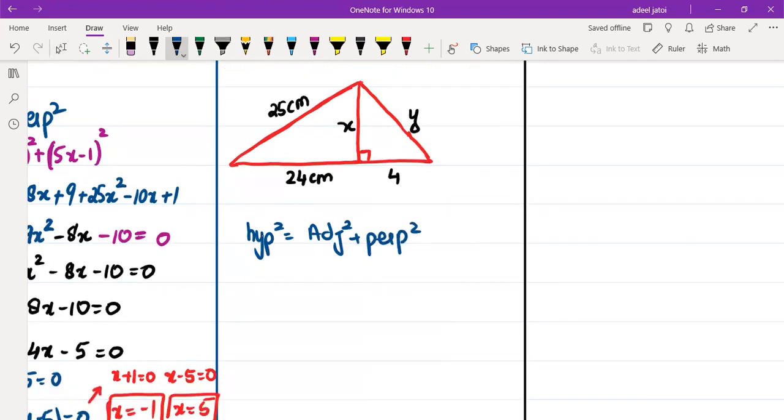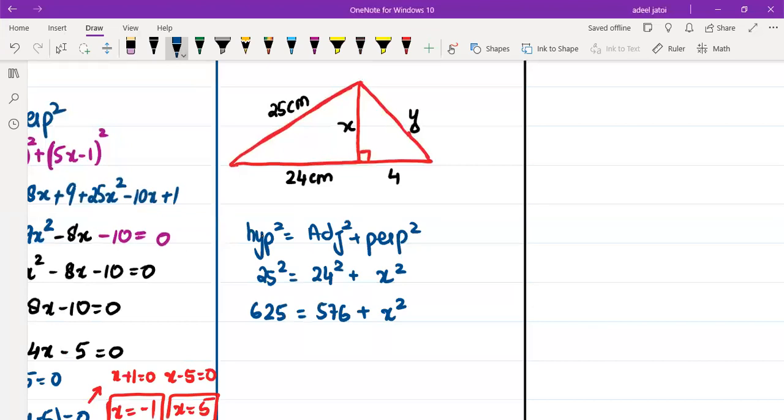Now, this means this is 25 square, 24 square plus x square. The value of 25 square is 625, and the value of 24 square is 576. So plus x square.